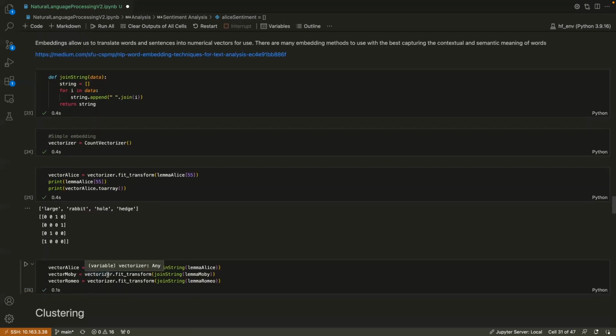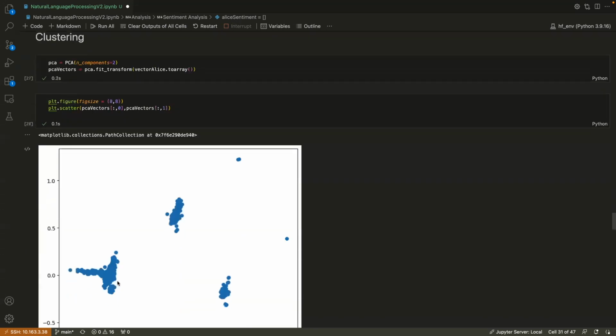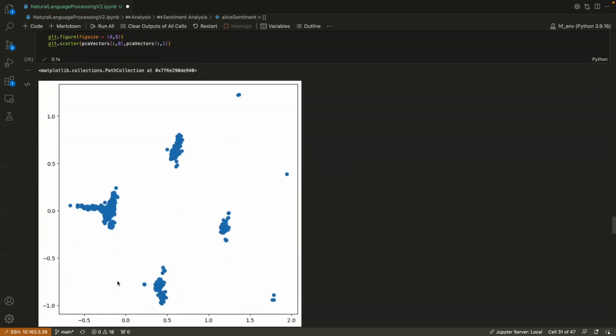So we can vectorize all of our text in a very basic way. And even with just a basic vectorization, I clustered all of the sentences in Alice in Wonderland together. It was a several thousand dimensional vector, because that's how many unique words are in Alice in Wonderland. So I just used PCA to get this down to 2 dimensions.